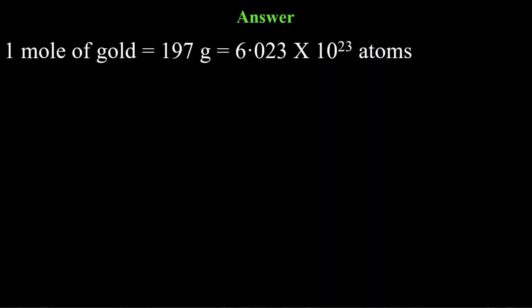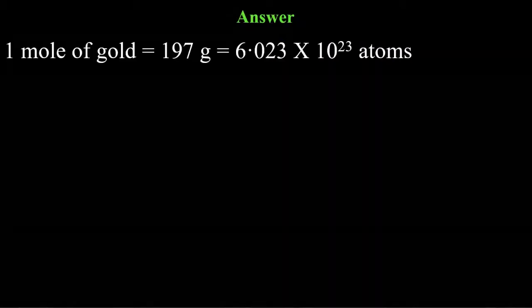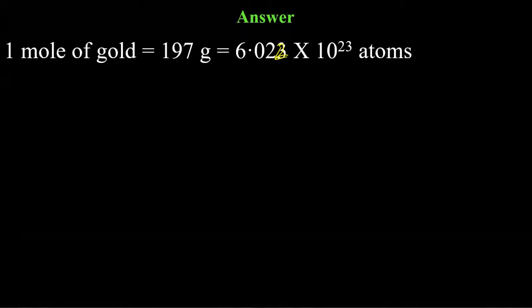How? Look here. 1 mole of gold will be 198 gram, will have 6.022 into 10 power 23 atoms. You should use 6.022. Normally in old guides of IIT it is different, but in NCERT it is 6.022.